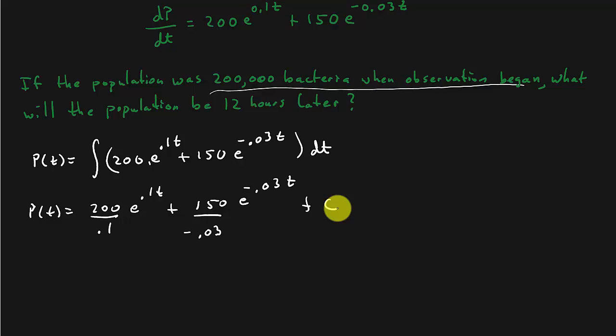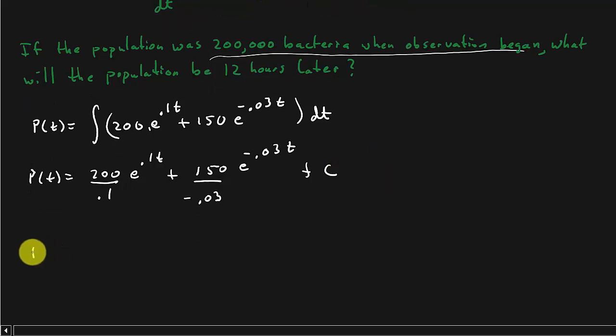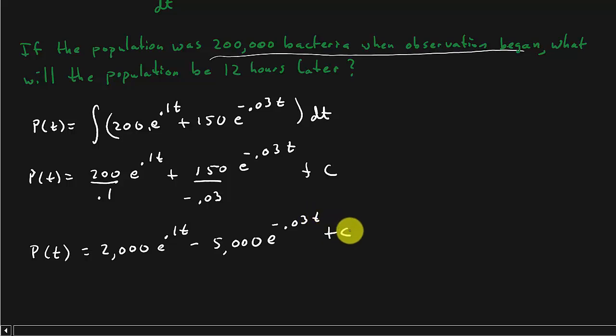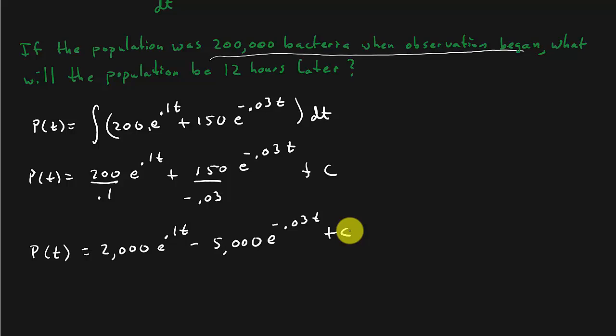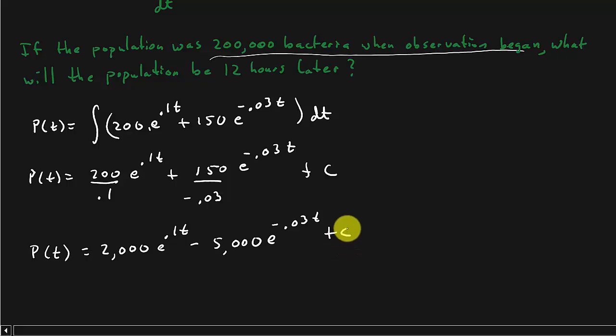All right, so after I do my little arithmetic, that's going to be 2,000 e to the 0.1t minus 5,000 e to the negative 0.03t plus C. So now we found the population, and I need to figure out what C is.